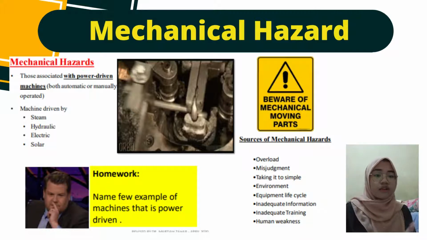What is the source of a mechanical hazard? The sources of the mechanical hazard may be that the machine is overloaded, so incidents can occur, or misjudgment, or the worker taking it too simply and neglecting the safety procedure, or maybe the environment is not conducive, or the equipment life cycle has expired and is not safe to use.